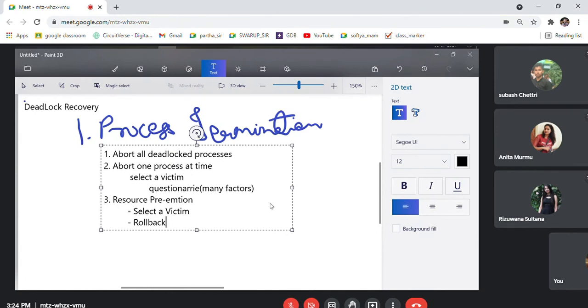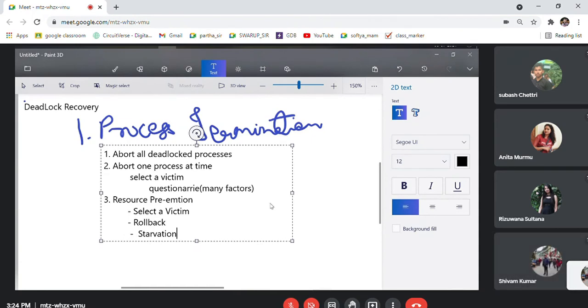Another thing you have to make sure of: when you do preemption, there is an issue, the issue of starvation. How do you make sure starvation will not occur?